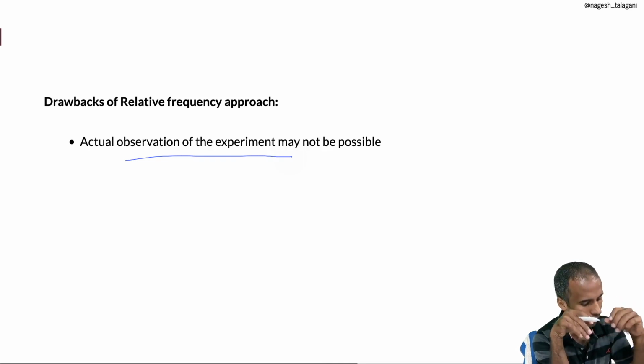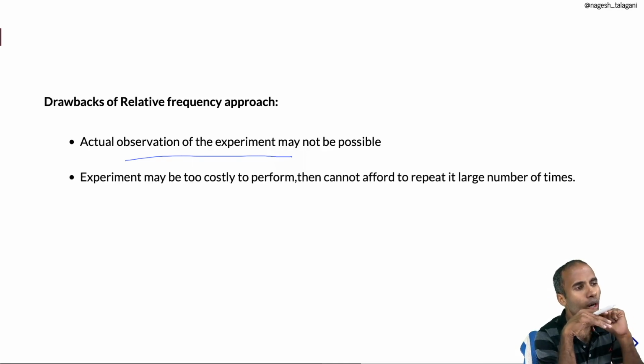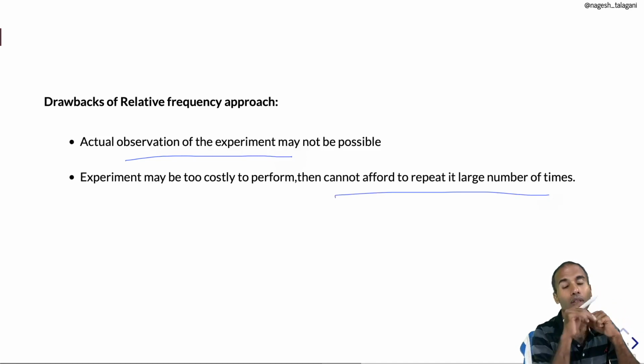Next, the experiment may be too costly to perform, so we cannot afford to repeat it a large number of times. For example, if one wants to compute the probability of a successful rocket launch, it's too costly an experiment to repeat, right?